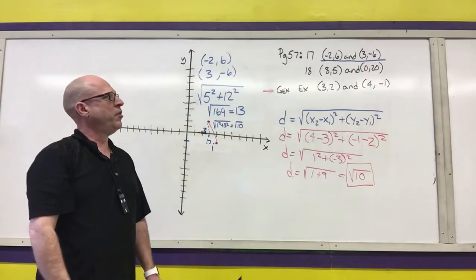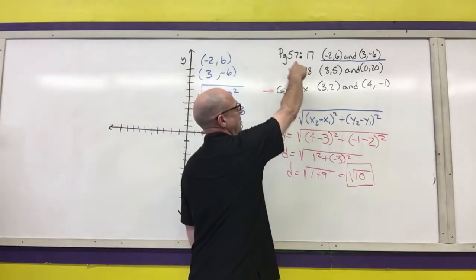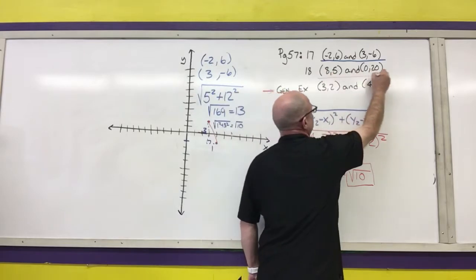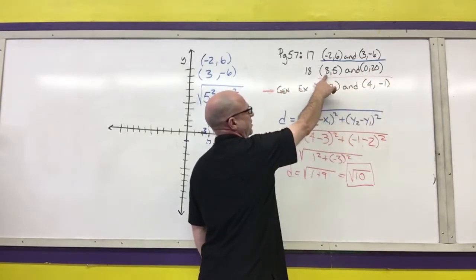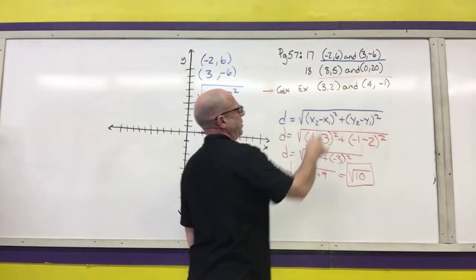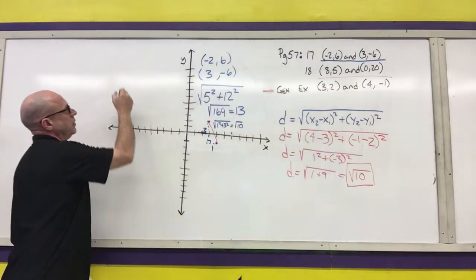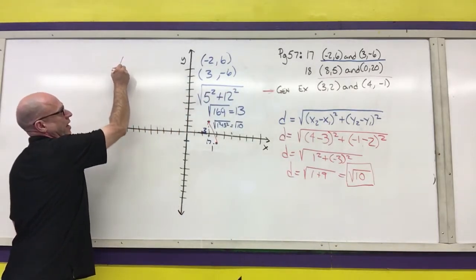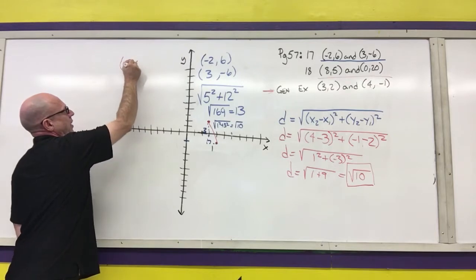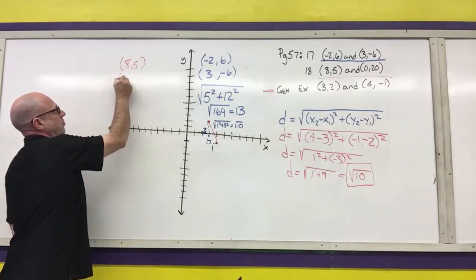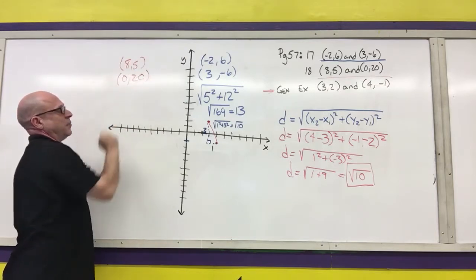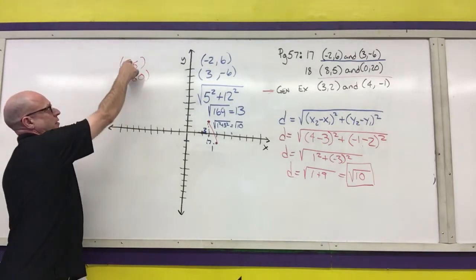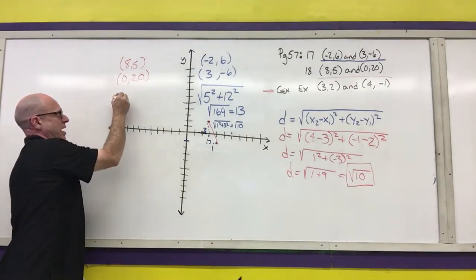The second example I'm going to do is homework problem 18 from page 57. And I want to know the distance between the point 8, 5 and the point 0, 20. Just like the last example, I write down my 2 points, 8, 5, and then 0, 20. And I ask myself how far it is on the x distance. Well, that's 8.